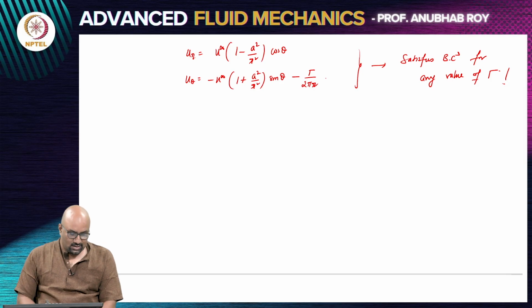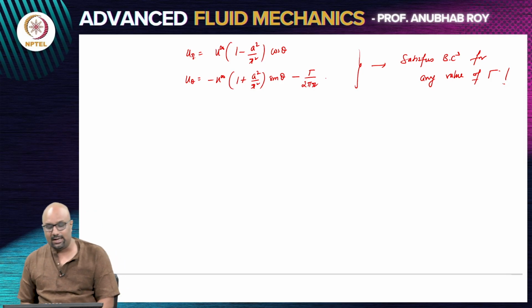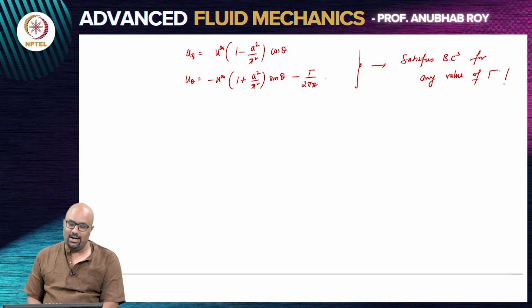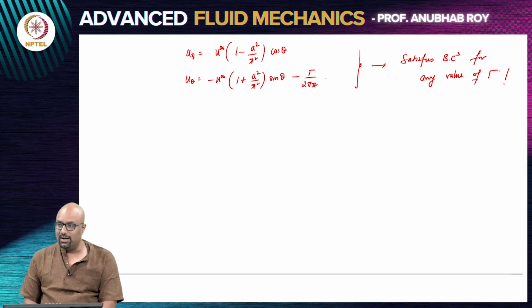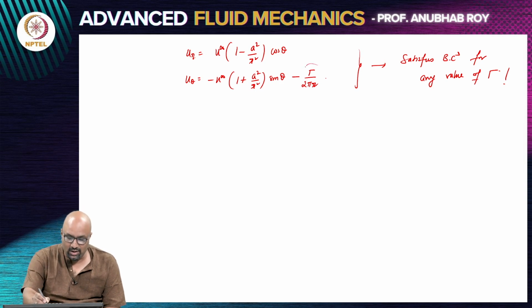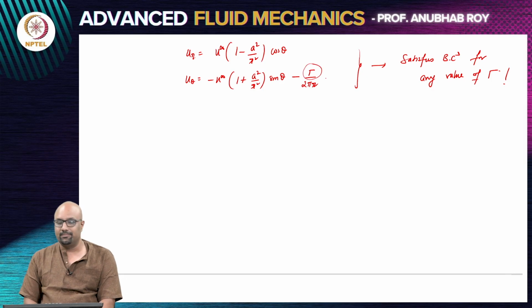So, there is obviously a slight mathematical nuance here in terms of the fact that you have a solution which solves your governing equation for a given boundary condition and there is a non-uniqueness in terms of this gamma.